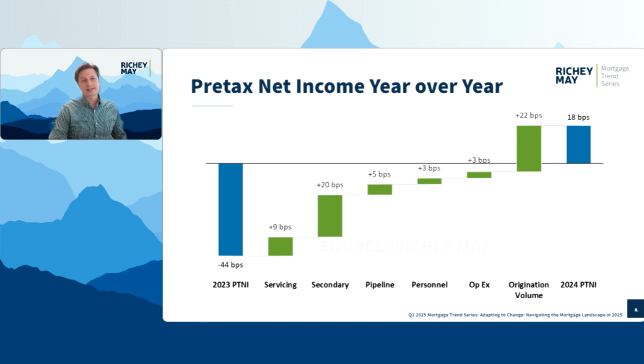For starters, let's take a look at pre-tax net income year over year. So if we look at 2023, it wasn't a pretty year. It was a tough year. The average pre-tax net income was a minus 44 basis points. But if we fast forward to 2024, we see a nice rebound here of 62 basis point improvement. The average was 18 basis points.